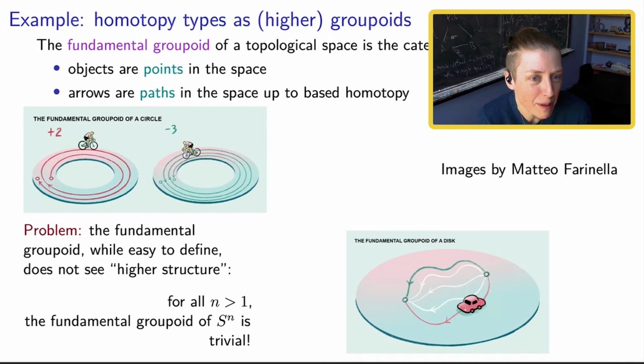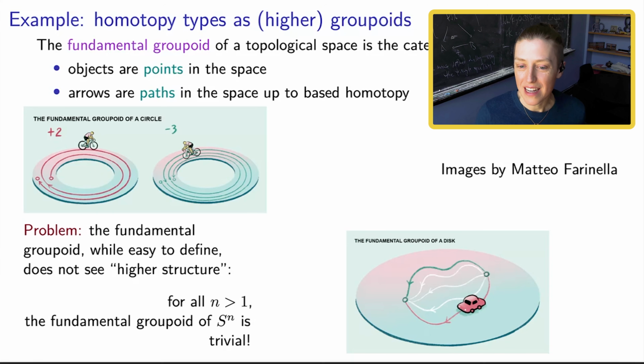But there's a problem with it. It's relatively easy to define. I mean, this is something that I'll mention in an undergraduate point set topology course. But it doesn't see any sort of higher dimensional structure in the space. So in the picture on the right, what we're looking at is the fundamental groupoid of a disk. And here we have two different objects, the point on the right and the point on the left.